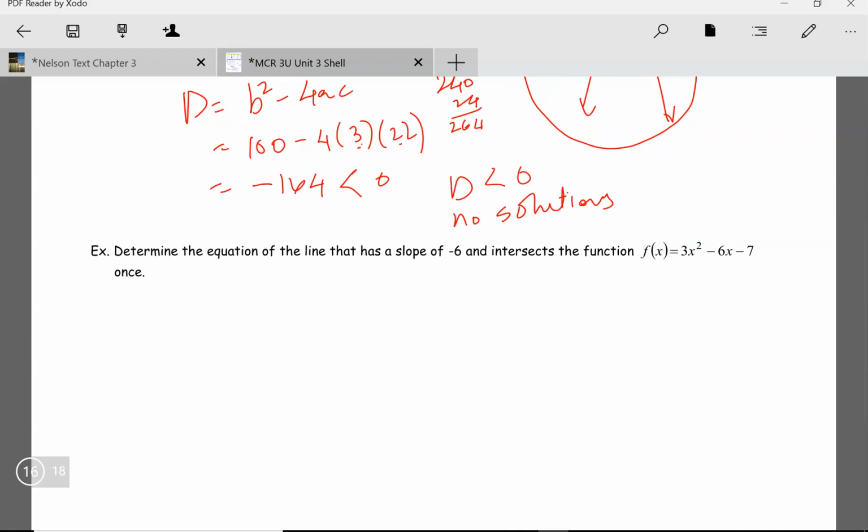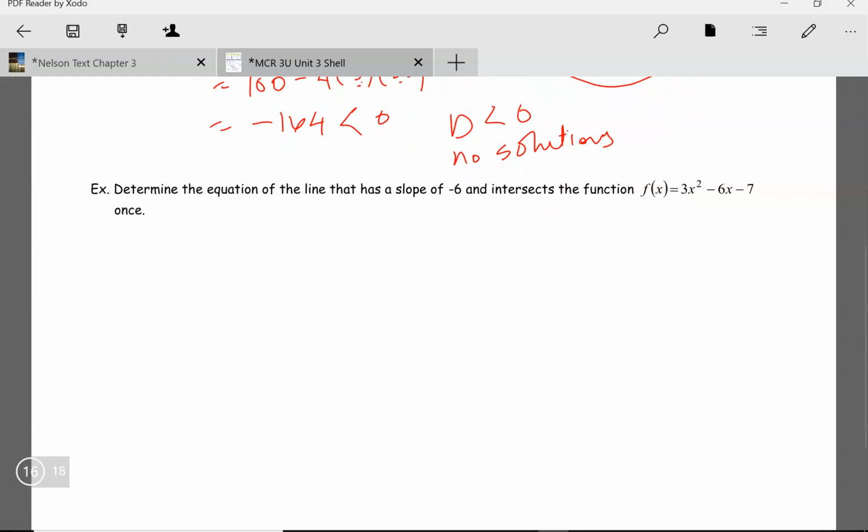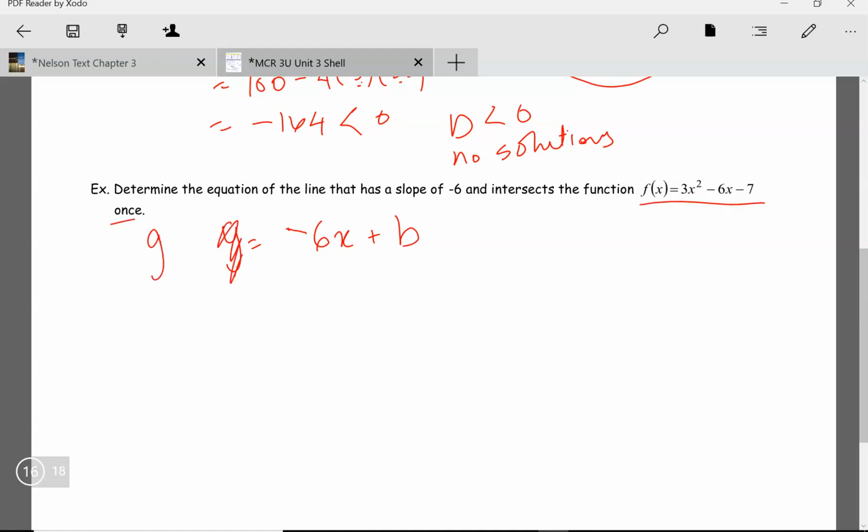Determine the equation of a line that has a slope of -6 and intersects that function once. Okay, so our equation of the line is y equals -6x plus b. We've got to find b. Instead of y, I'm going to say g of x is the equation of the line.